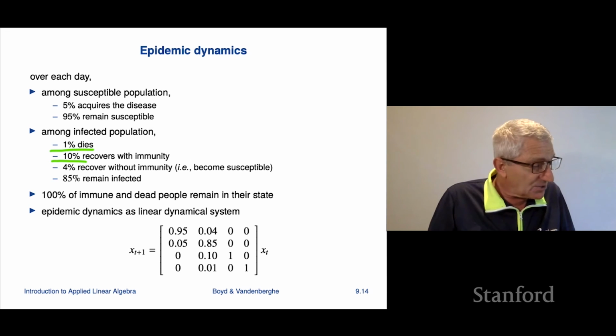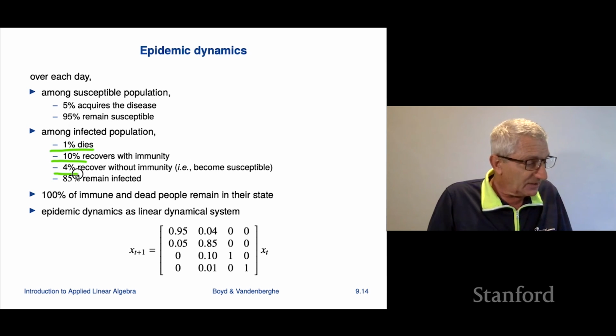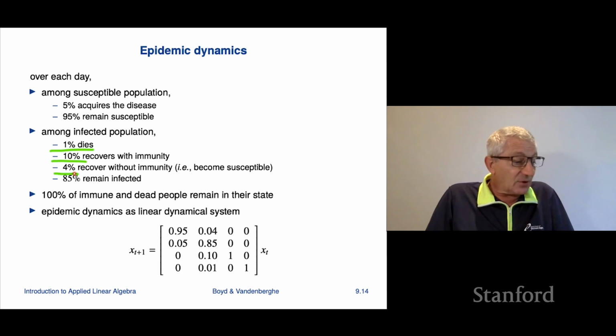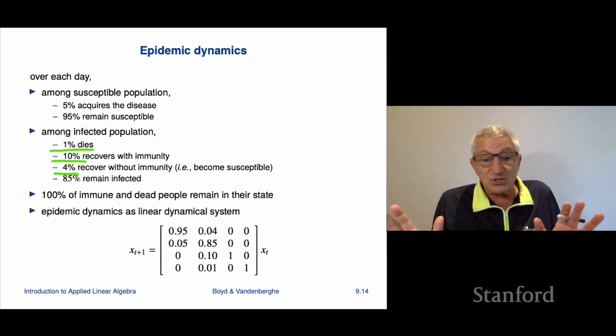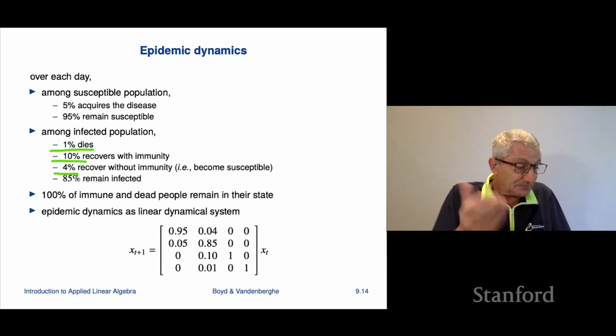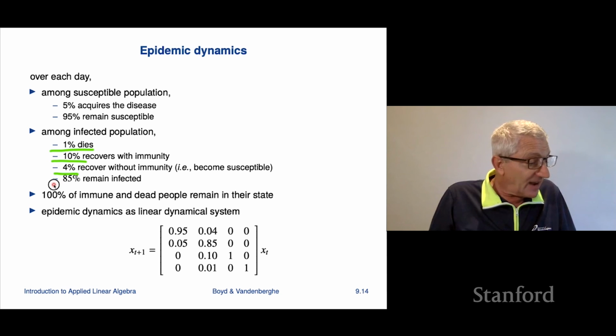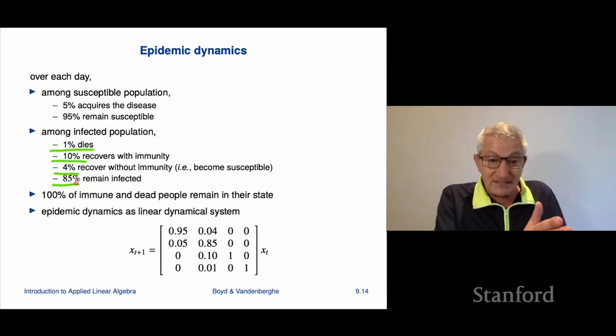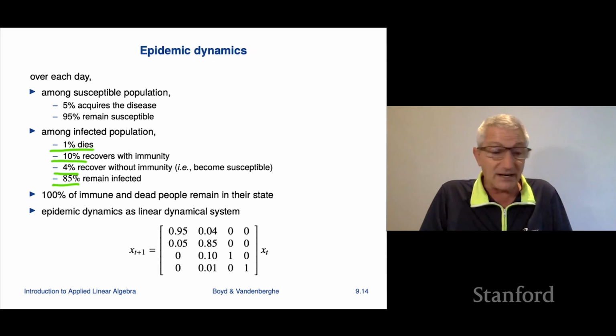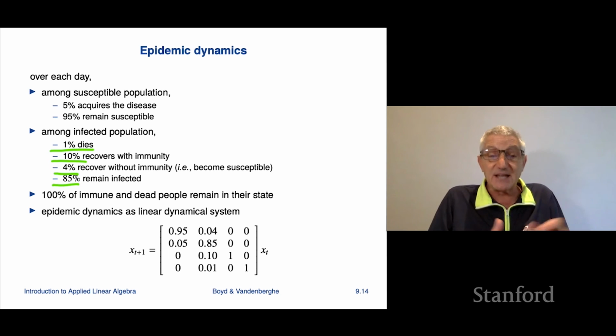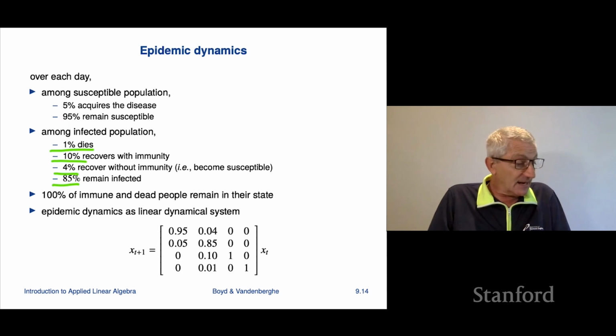We can also have this: 4% recover without immunity. I'm just making this up as an example, and that means they're back to being susceptible. And 85% just remain. If you're infected today, you'll be infected tomorrow, and you will not transition to any of these other statuses.